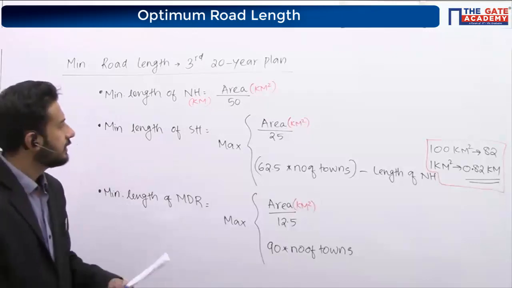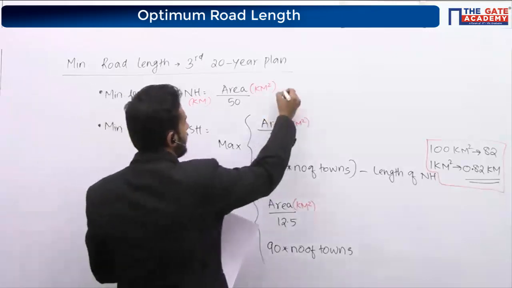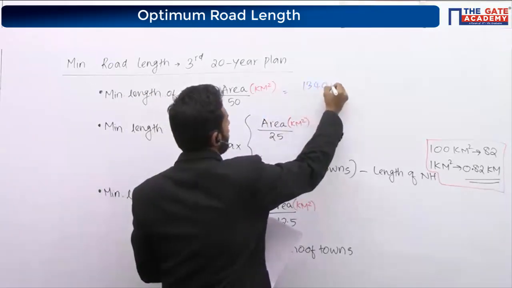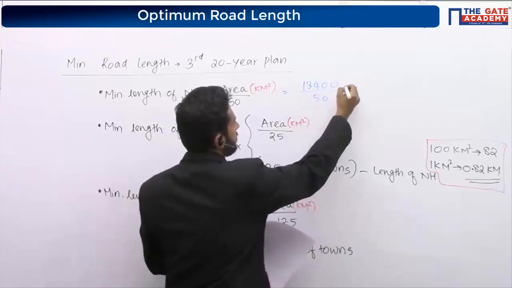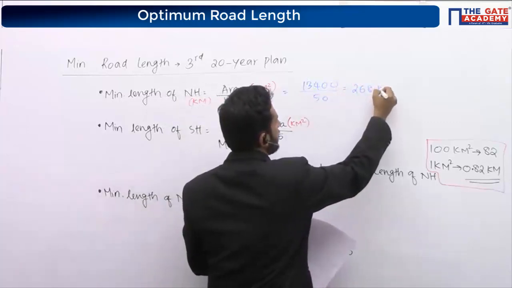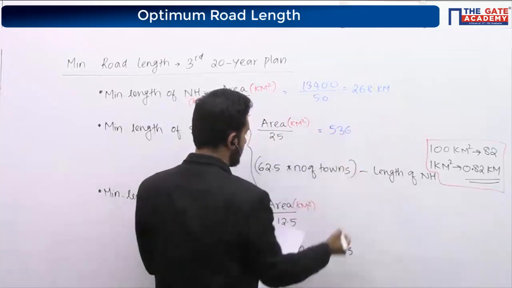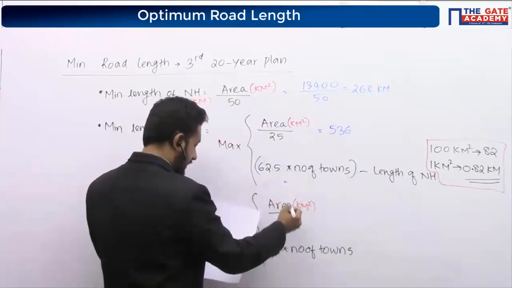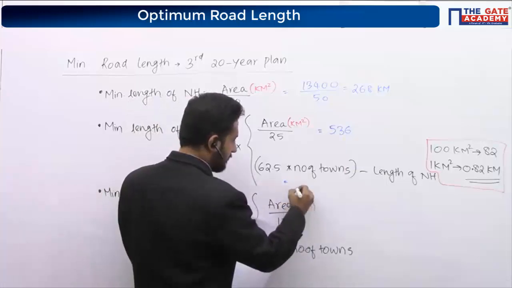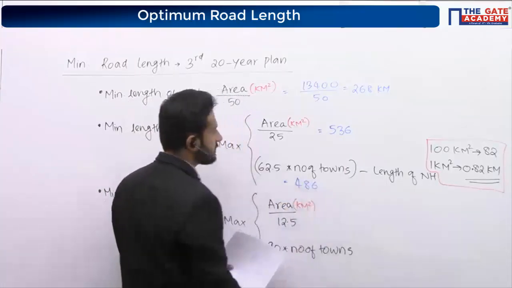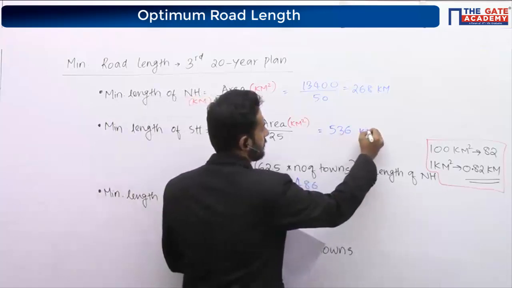268. Yeah, very good. So the first one will be in kilometers: 13,400 divided by 50, 268 kilometer. The second one, if you calculate, will be 536. The other one you will get 486, no? Which is maximum? 536 is the maximum.